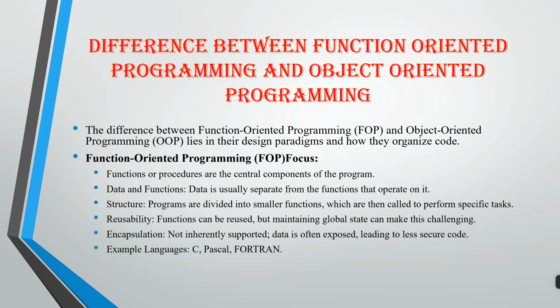Now, when it comes to the structure of a function oriented programming language, we have programs which are divided into smaller functions. It could be broken down into any number of such smaller functions, which are then called to perform a specific task. It's possible to write a single C program for a particular application, or it's even possible to write 10 or 20 small functions, and later on you can integrate them to get your work done.